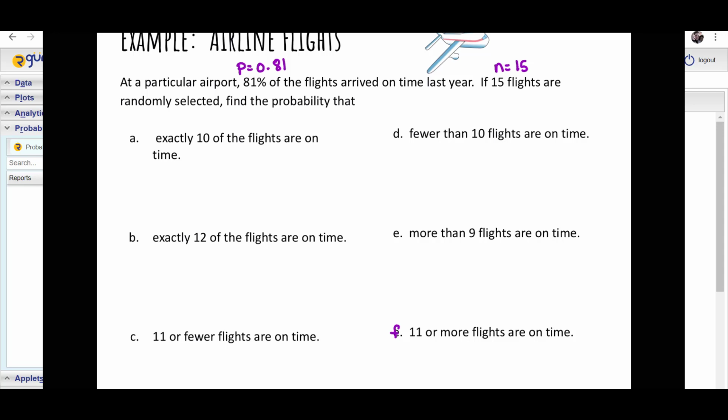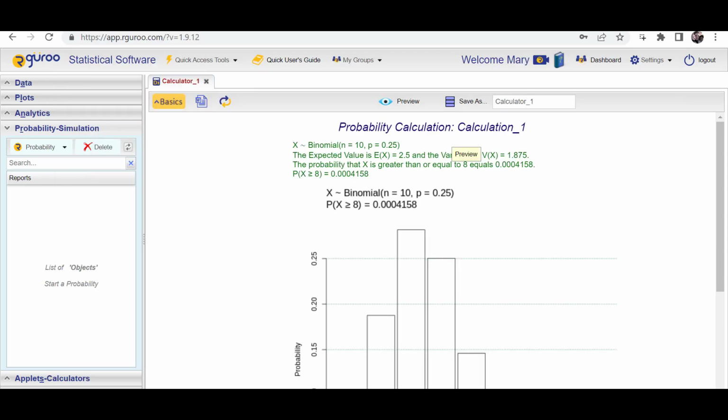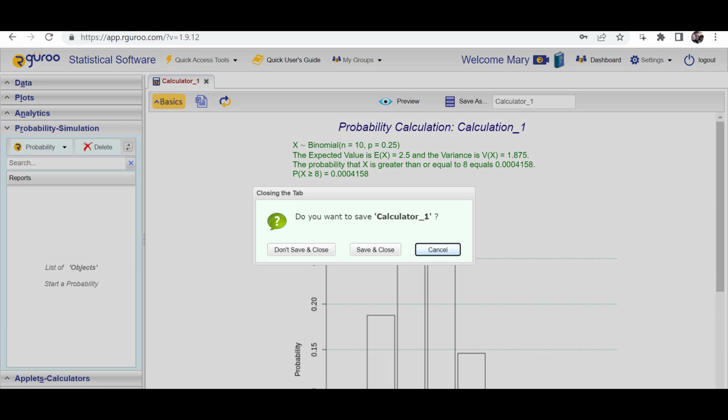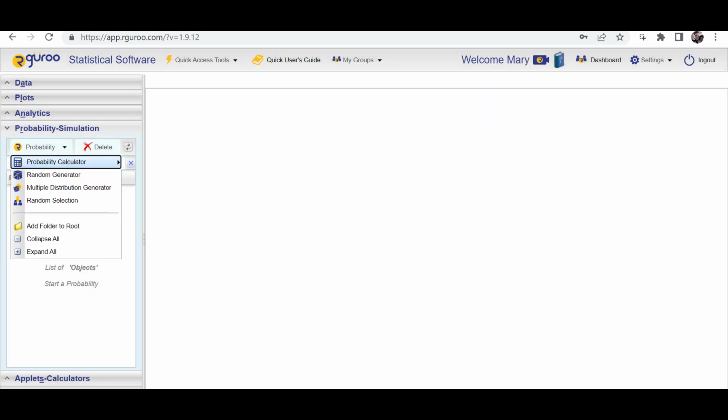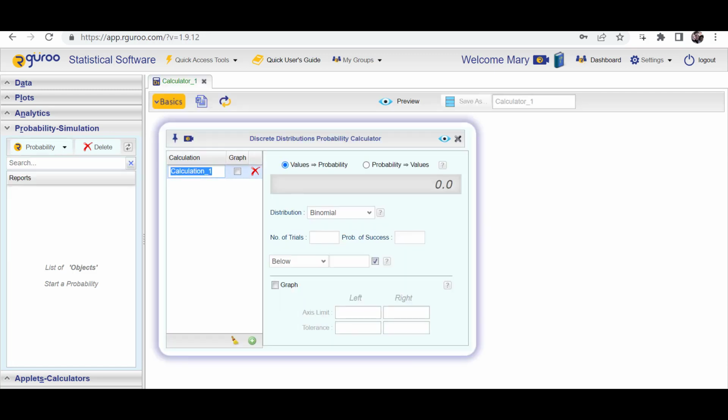So what's the probability of exactly 10? Exactly 10 means equal 10. So let's go to our Rgruoo, and probability calculator discrete.